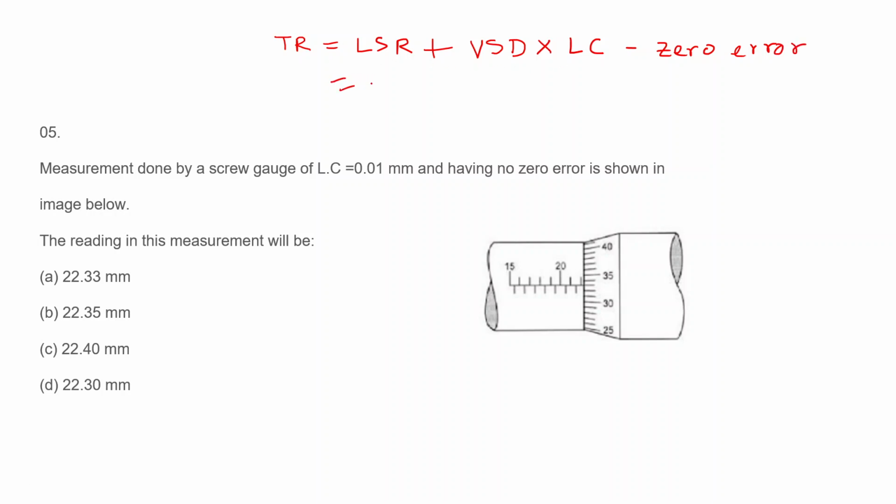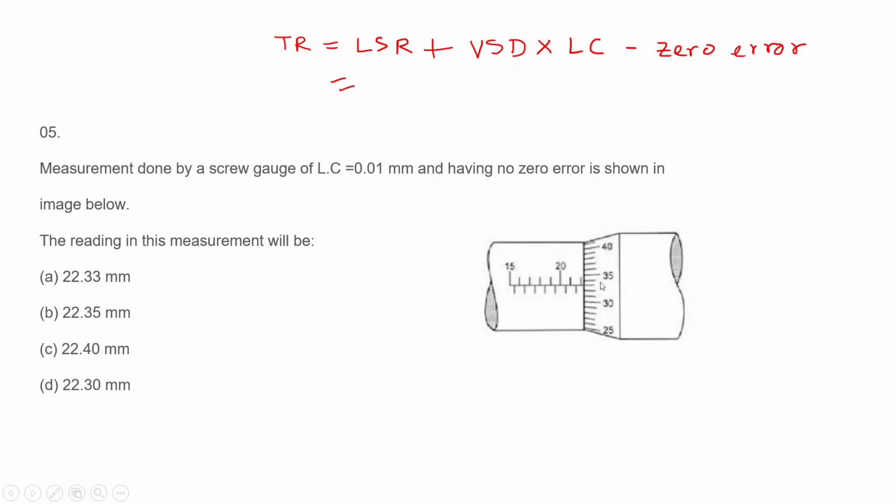Now we can see in this image that on the linear scale, this is 15, this is 20. Oh wait, this is 15 millimeter actually. This is 20 millimeter, this is 21, this is 22. So the circular scale has just crossed the 22nd mark.